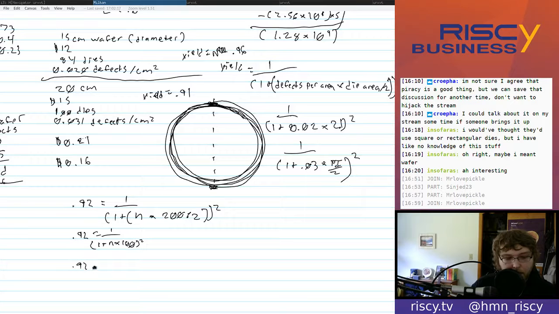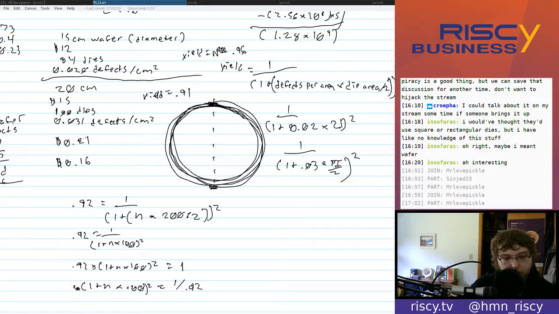So 0.92 times 1 plus n times 100 squared should equal 1. So let's just divide by 0.92. So 1 plus n times 100 squared equals 1 over 0.92.